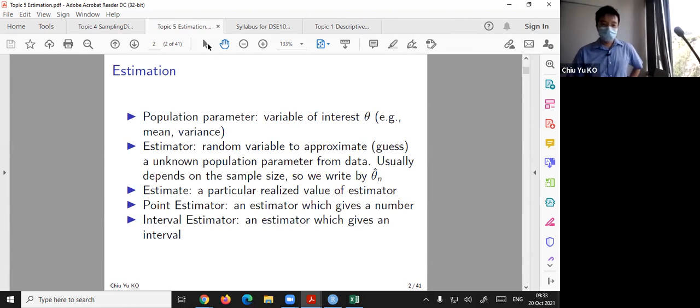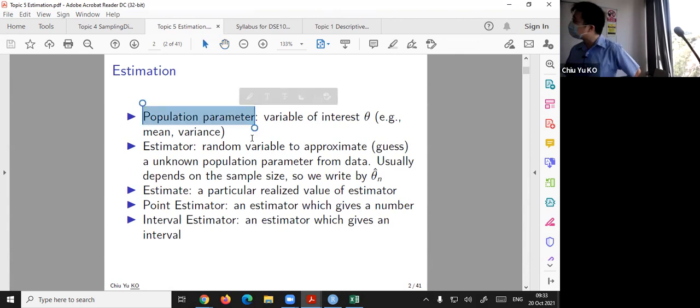Okay, first we have the population parameter. Parameter means the things that we're usually interested in, like mean, variance, mode, kurtosis, IQR, all those kinds of things. It's called a parameter because it's not a random variable. This is something that exists, but we don't know, right?